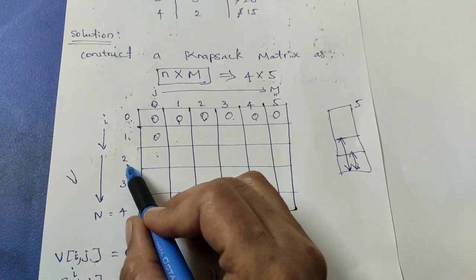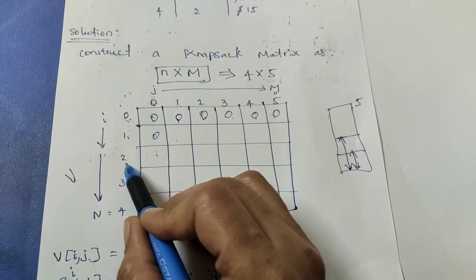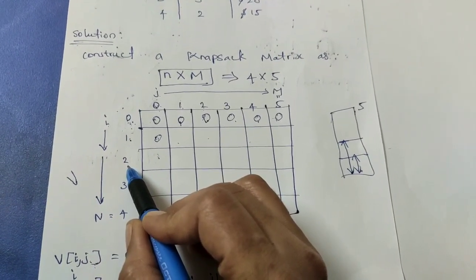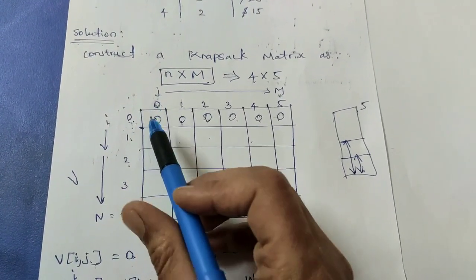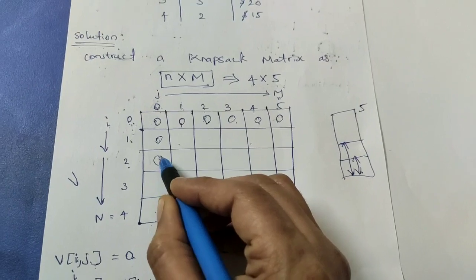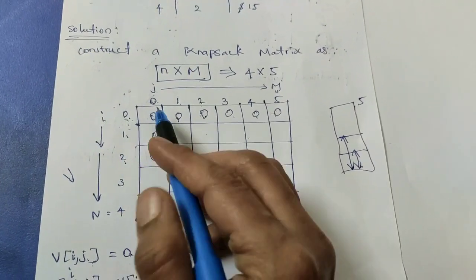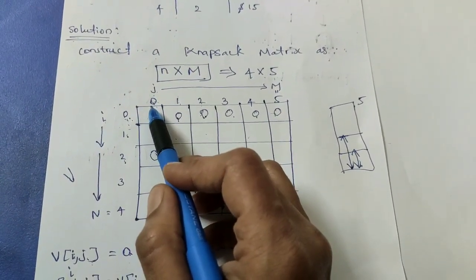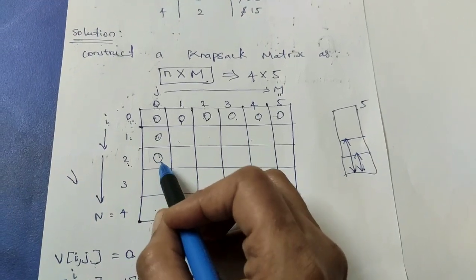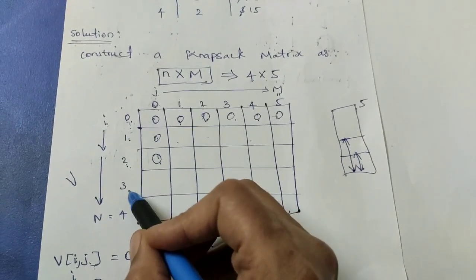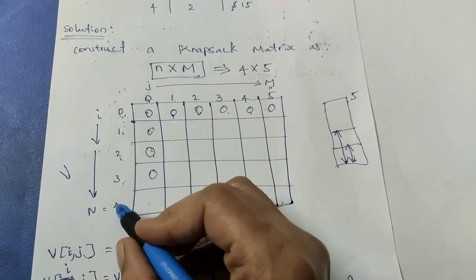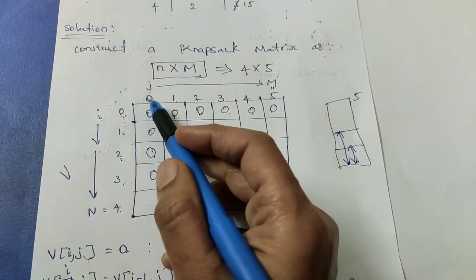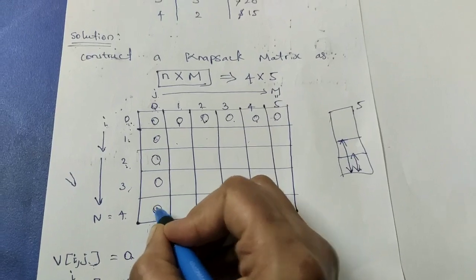You have item 2 to place into the knapsack, but what is the current capacity of the knapsack? 0. So you have item 2, but you don't have space in your knapsack to include this item 2, so there is no profit, 0. Similarly, you have item 3, no space in the knapsack, 0. You have item 4, no space in the knapsack, 0.